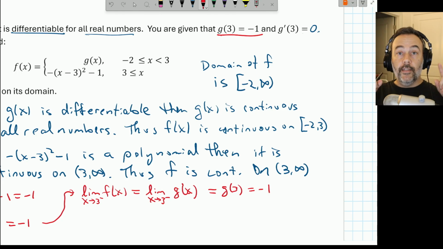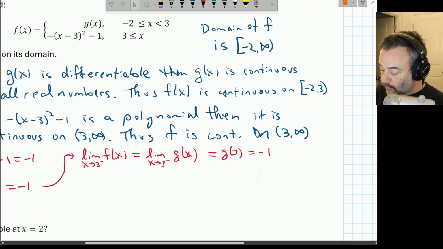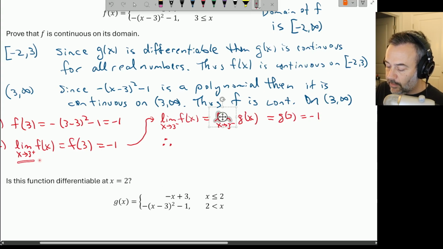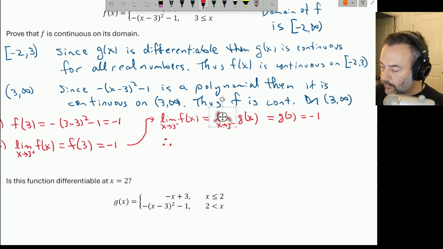Since g is differentiable, then it's continuous. Since it's continuous, then the limit exists at every point in its domain, because part of continuity is that the limit exists at all the points where it's continuous. Therefore, the right limit equals -1 and the left limit equals -1.